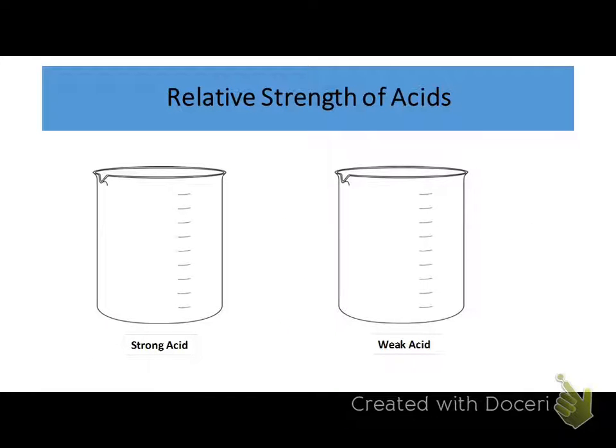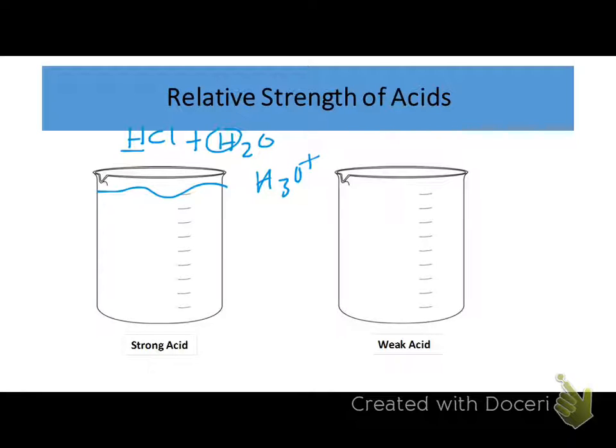Let's diagram this idea of a strong acid and a weak acid. Let's say we have a strong acid, HCl. HCl is going to be the proton donor, and if we mix it with water, water is going to be our base. Water is going to pick up an H plus, and remember, when water reacts with an H plus, it forms the hydronium ion.